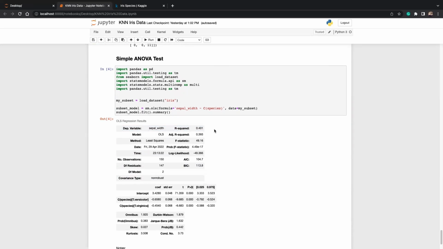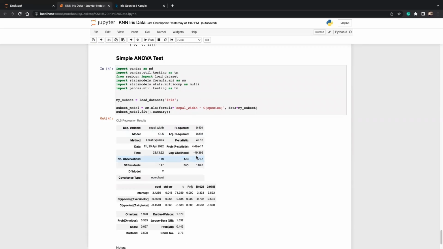I've used statsmodels, and for all the 3 categories, when we fit the model, we get the OLS regression results as follows.